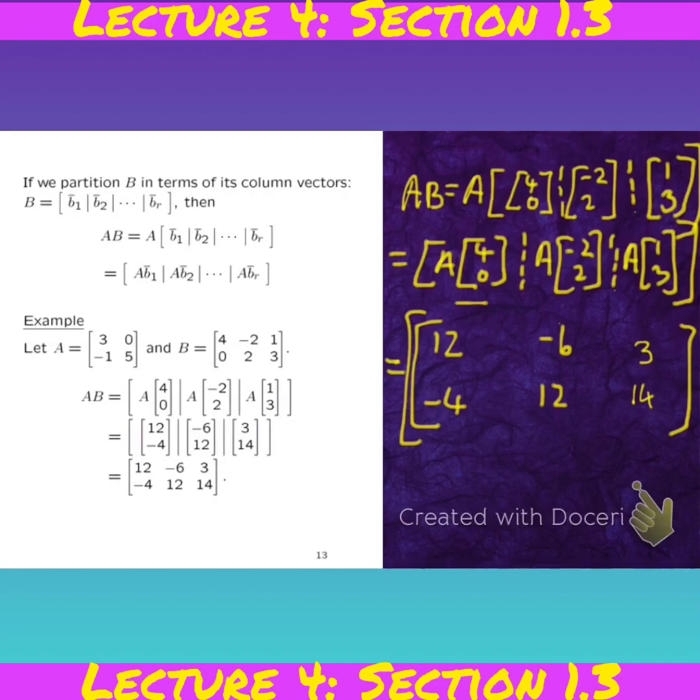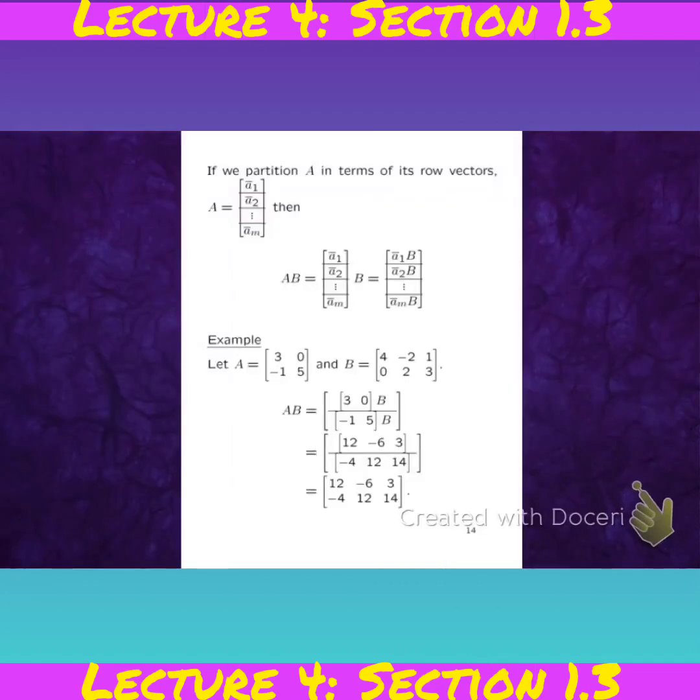So you can basically view a product in terms of partitions. Now you can also do it alternatively by partitioning A into row vectors.